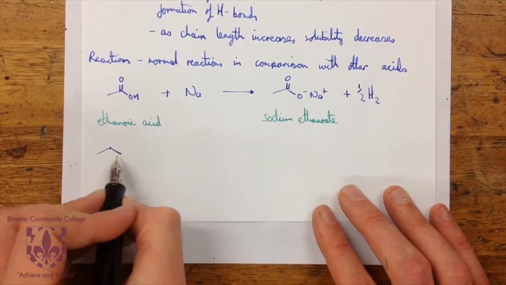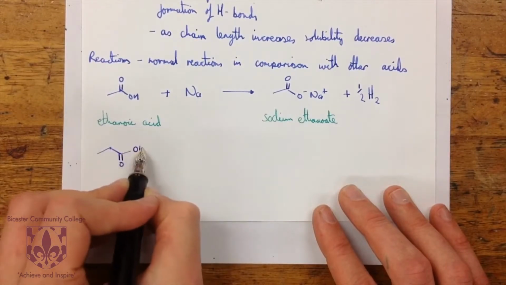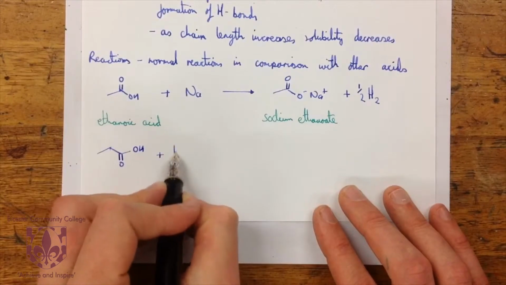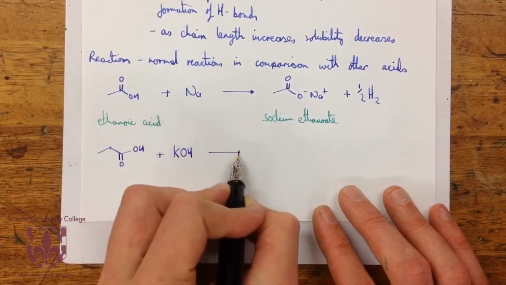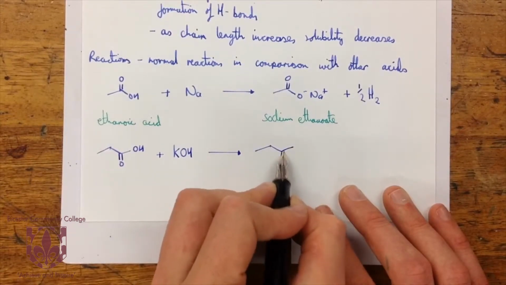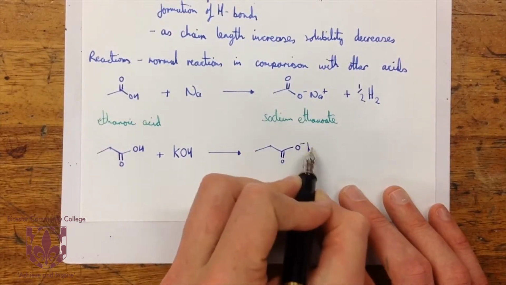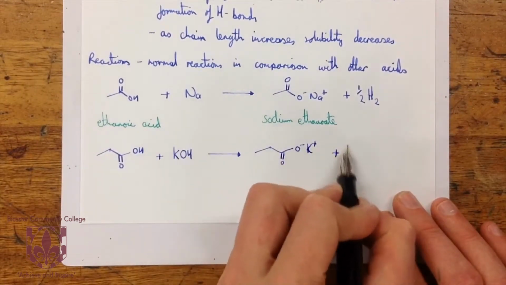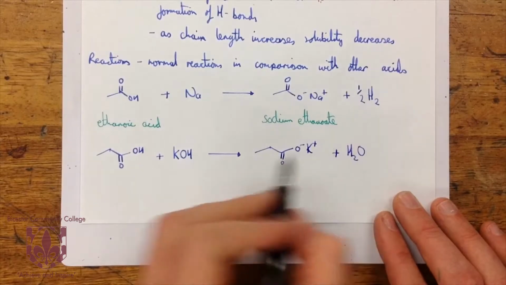Okay, so let's choose a different acid this time. We're going to go propanoic acid, and we're going to react it with KOH, potassium hydroxide. We're going to choose some slightly different compounds, just so you're not thinking that ethanoic acid and sodium hydroxide are the only things we can have. So we get a salt and water.